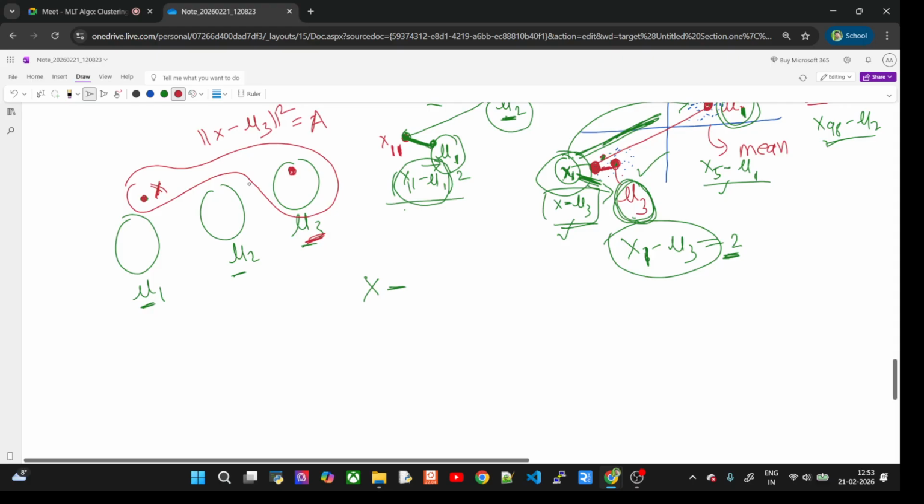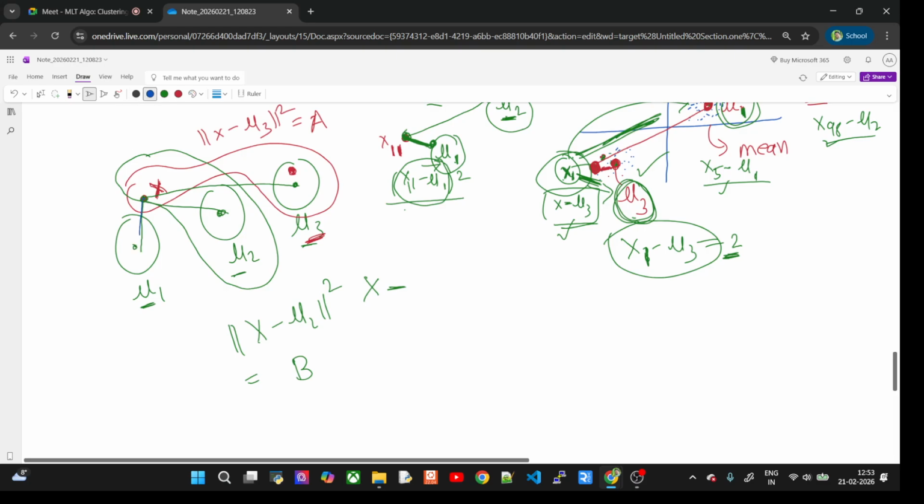At the same time you also do x minus mu2, calculate the length squared, and you get the value B. So every time you check with this one and with this one, and now you check with this one, here mu1.